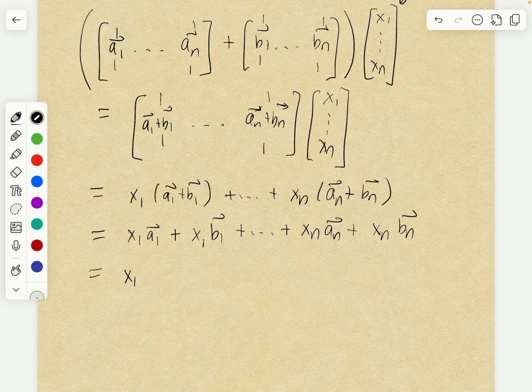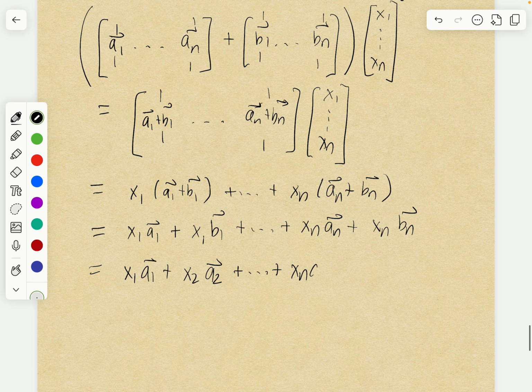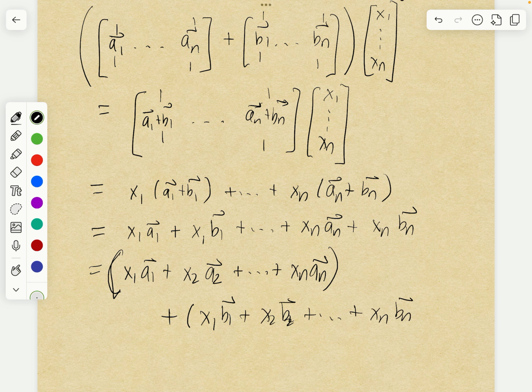Oh yeah, I can write it as x1 a1 plus x2 a2 plus dot dot dot plus xn an, so this vector, plus the vector x1 b1 plus x2 b2 plus dot dot dot plus xn bn.